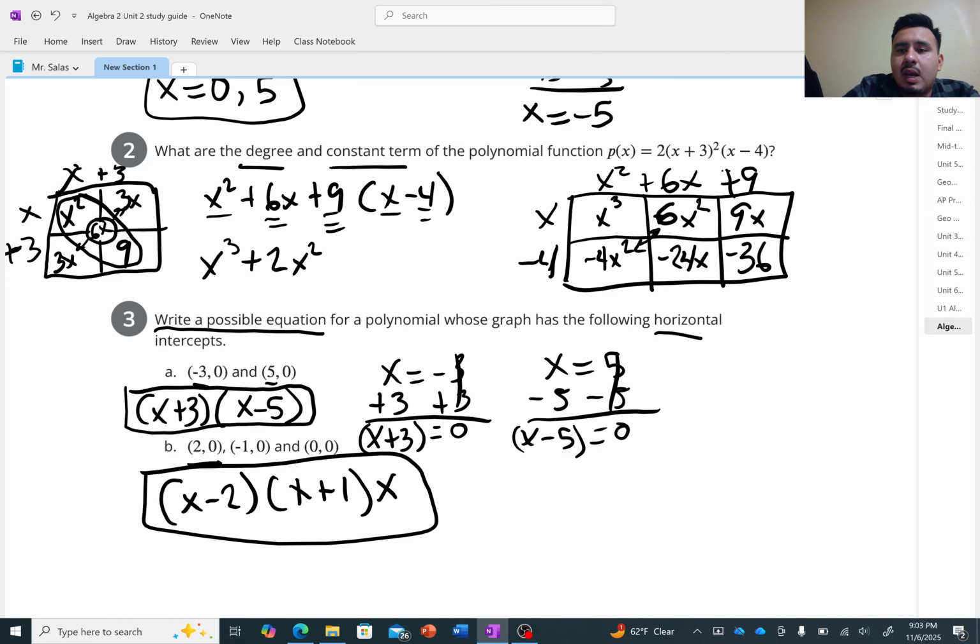That's going to give me a negative 15, so it'll be minus 15x. And then the negative 36, there's nothing for that negative 36. And I have multiplied my polynomial.